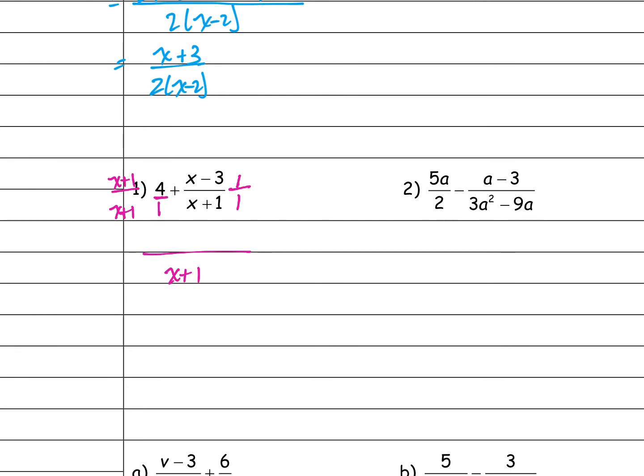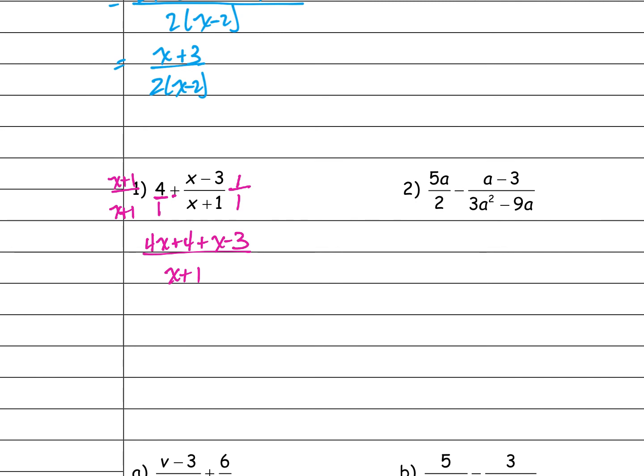4 is a fraction. By putting a 1 under it, I can turn a whole number into a fraction, right? As long as I have a whole number, I just put a 1 underneath it, it becomes a fraction, and then I'm just doing the same thing. So now I have 4 times x is 4x, and 4 times 1 is 4, and then this is a plus sign, so I have plus x minus 3.